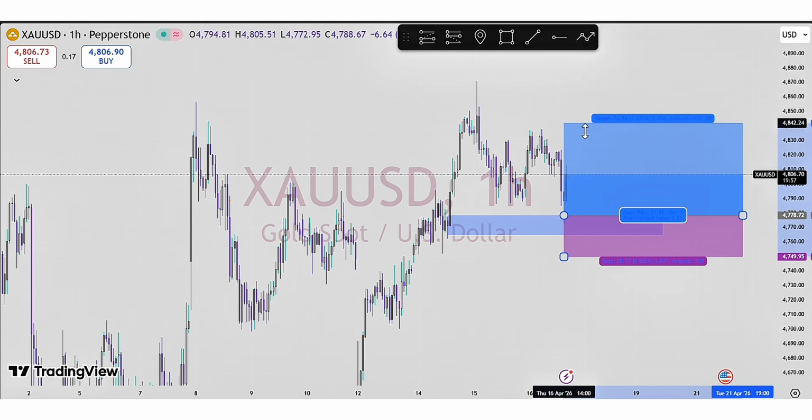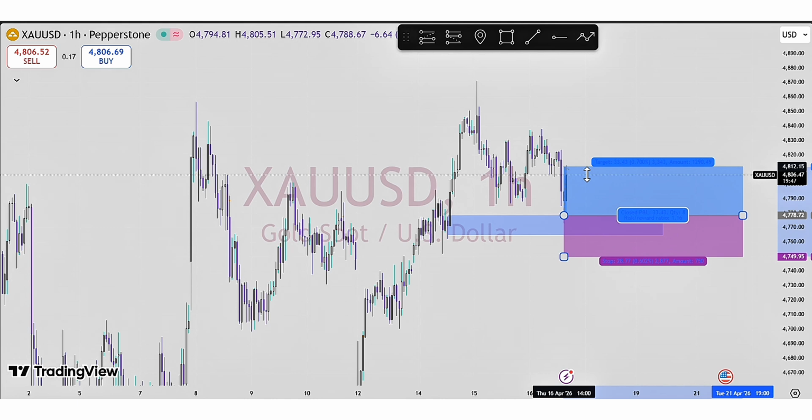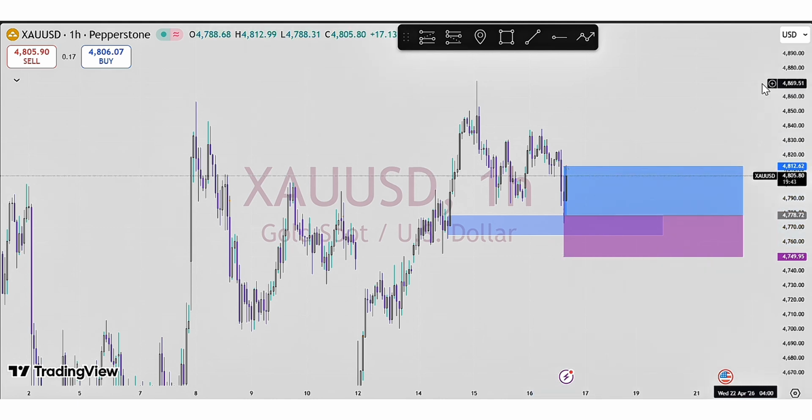You can choose 1:2, that is 2 times what you're risking, which is here, or you can take out 1:1. Any of them can go. 1:1, 1:2, 1:3. We even have 1:5. That is risking $10 and getting 5 times what you risk, that is 5 times $10, which is $50. We even have 1:10.